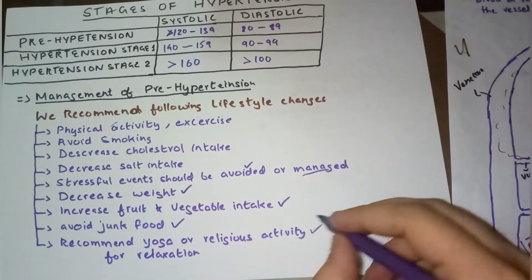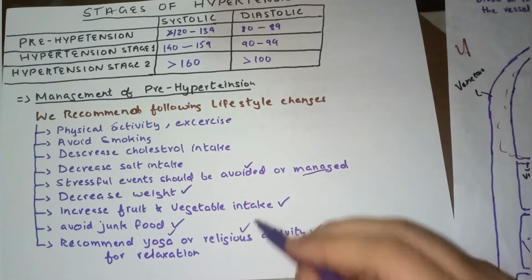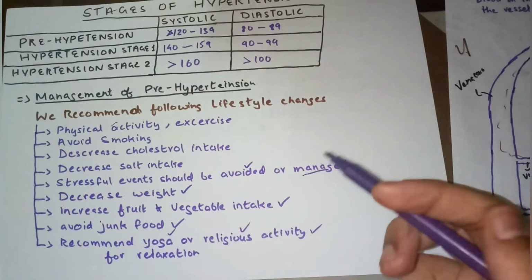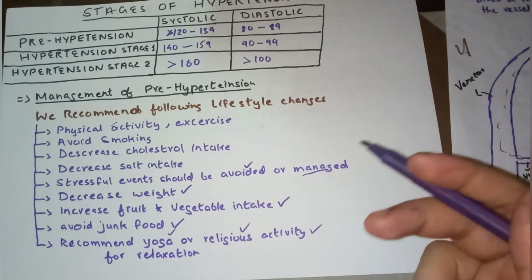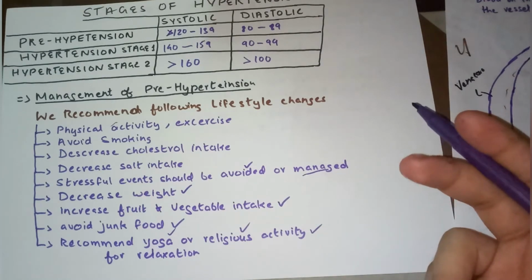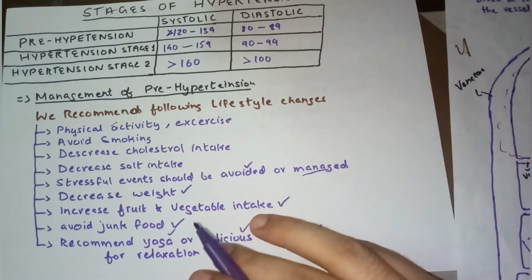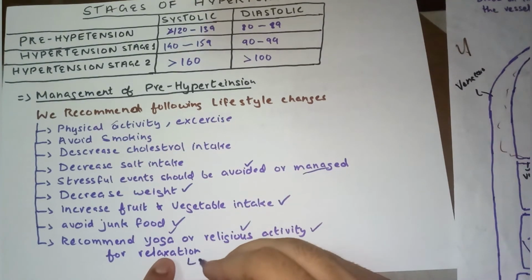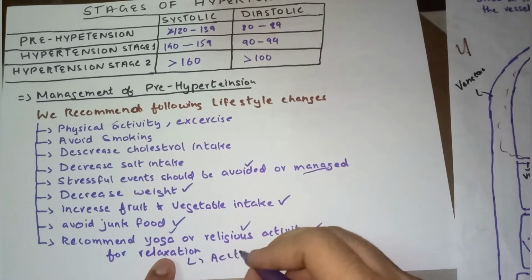And recommending yoga and religious activity will cause relaxation, and relaxation will cause the release of acetylcholine, and acetylcholine release will cause a decrease in the heart rate and dilation of the arterioles.